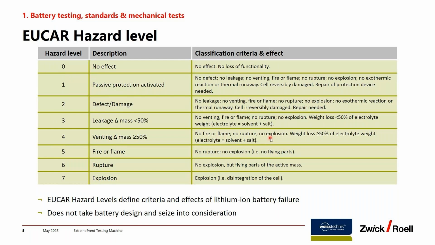This means a leakage of the battery can occur. Of course, it's critical, but not that critical. And from 5 to 7, it's more critical and even dangerous if you are next to the battery. Therefore, we worked out a solution that I will present in the next few foils.